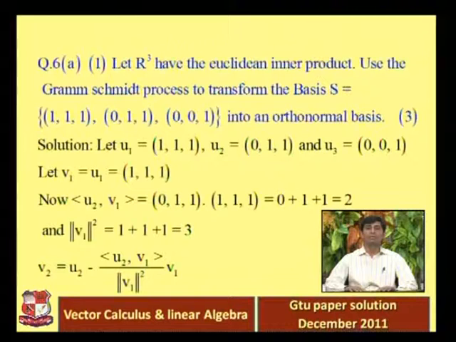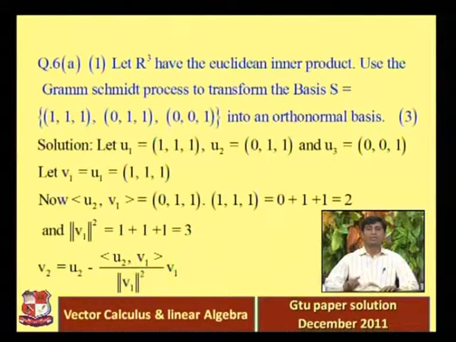The inner product of U2 and V1 is (0, 1, 1) dot (1, 1, 1), that is 0 plus 1 plus 1, that is equal to 2. And norm V1 square is 1 plus 1 plus 1, that is equal to 3, because V1 is equal to (1, 1, 1).